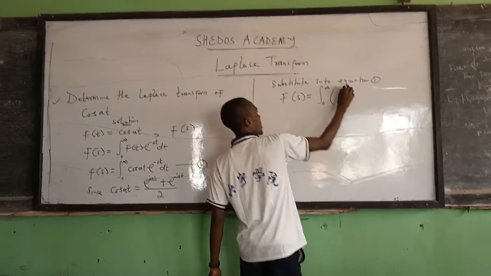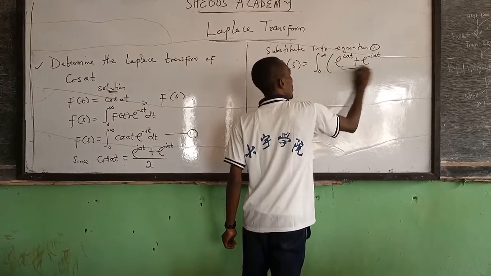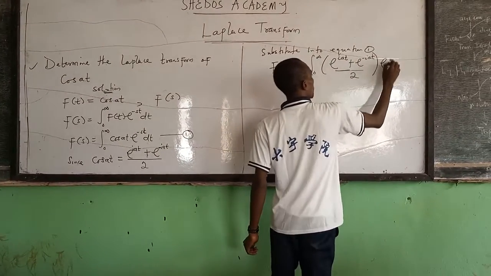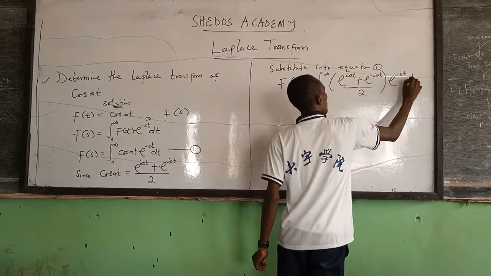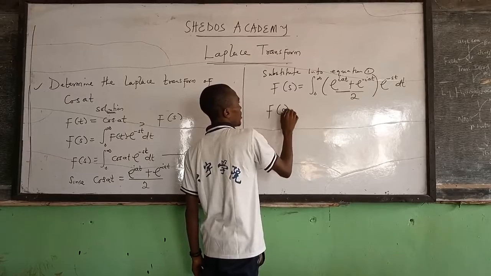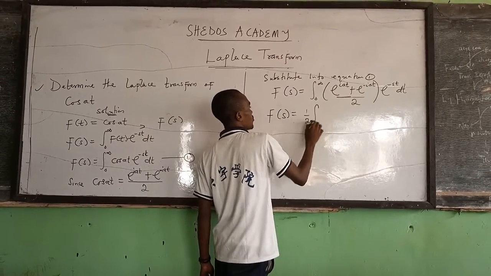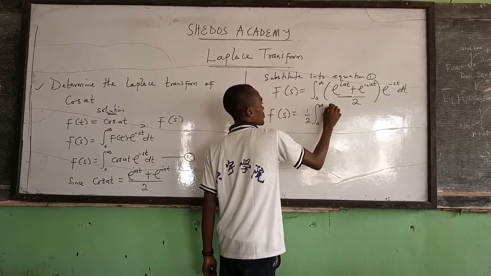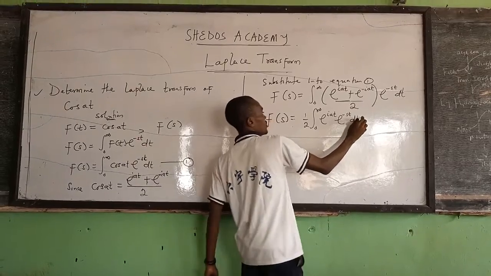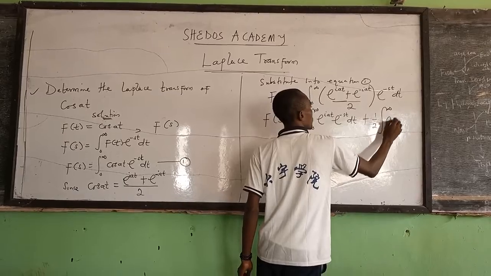We have our exponential iat plus exponential minus iat over 2, then we have exponential minus st dt. So we can split this to have two different integrals, which is 1 over 2 of this dt plus 1 over 2 of this.